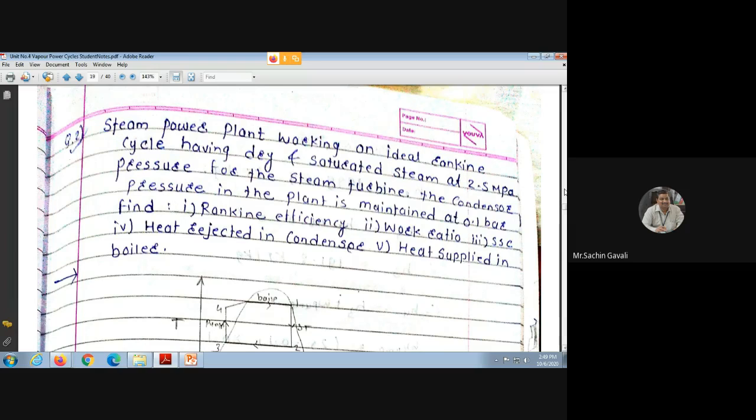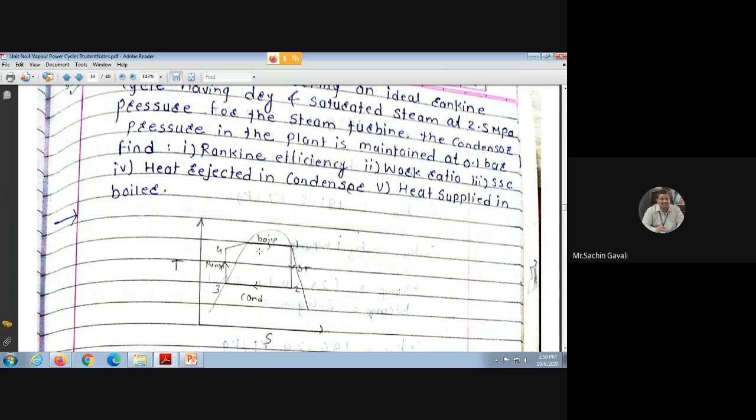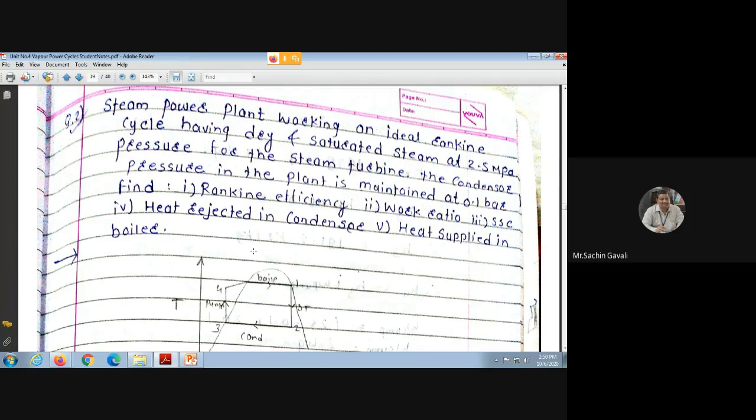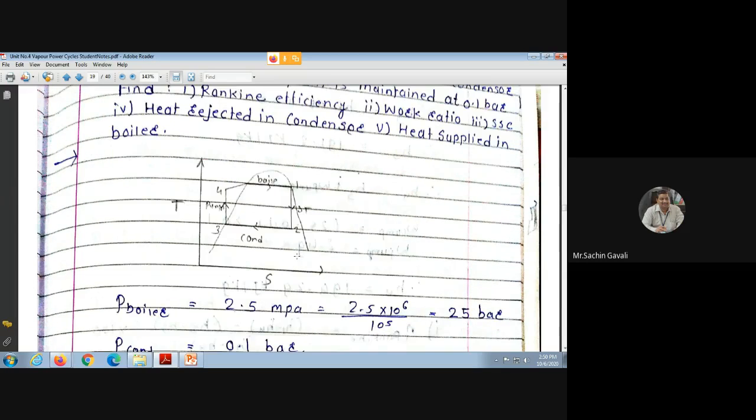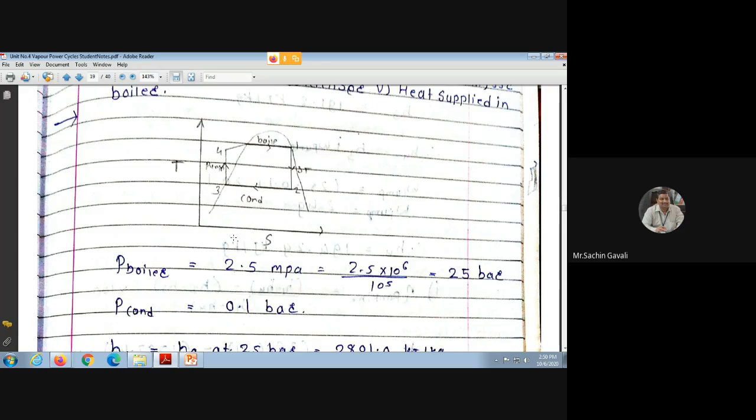Don't just put present, only solve the numerical now. So this is our numerical again. Steam supplied is dry and saturated, as mentioned in this numerical. Therefore we have to draw the TS diagram for the same. 1 to 2 is the steam turbine process, isentropic expansion. 2 to 3 is the condenser process, 3 to 4 is in the pump, and 4 to 1 is in the boiler.